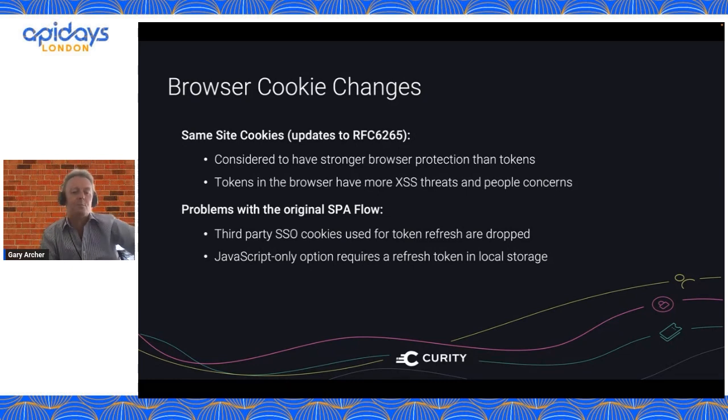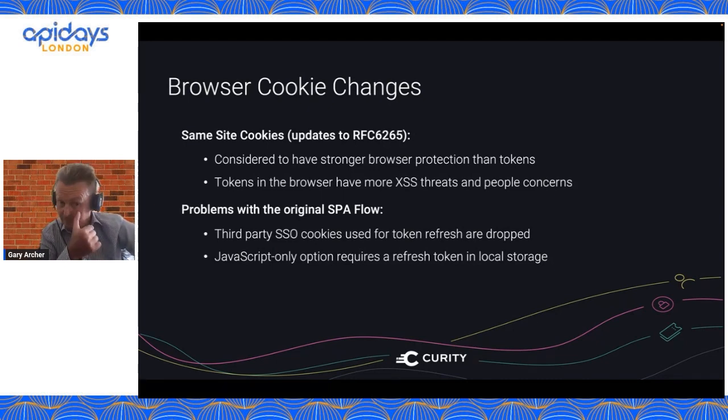Tokens in the browser have more threats around cross-site scripting, and security experts these days recommend that single-page apps should only use the latest, strongest cookies in the browser. This restricts any exploits to the lifetime of the page, and generally the threats are better understood. And in security reviews and pen tests, your app is likely to do better if you're only using the latest, strongest cookies in the browser.